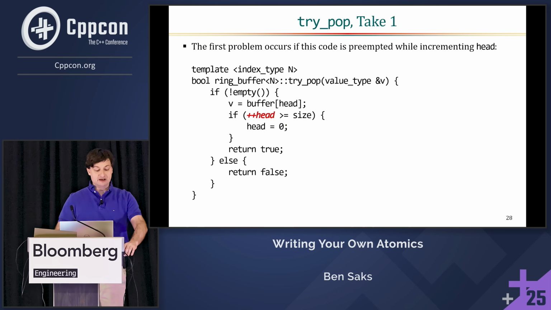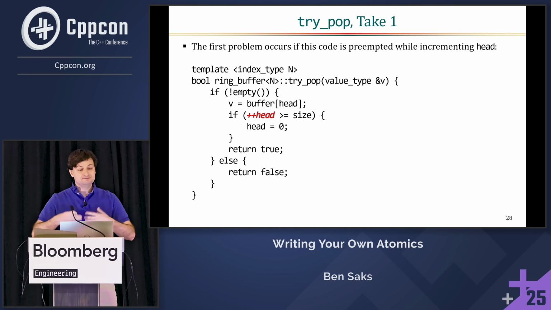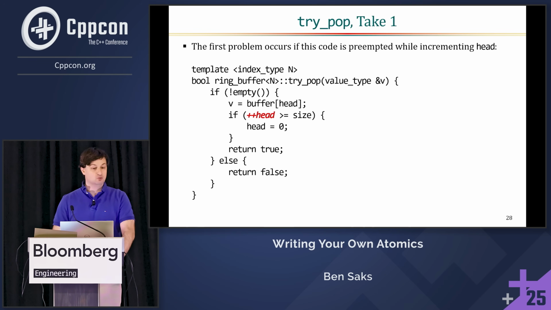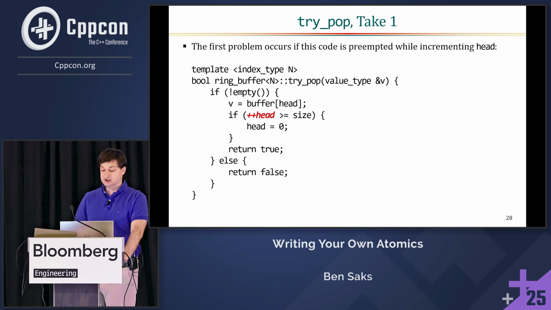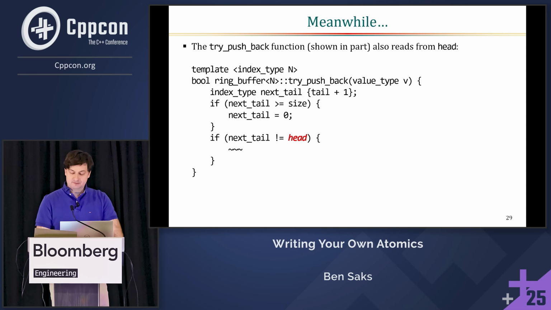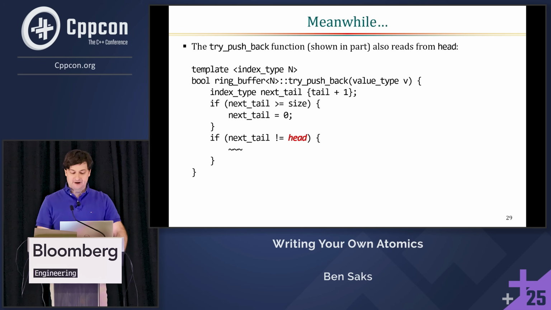The first of which being that if I'm using an index that is of a type that takes more than one processor cycle to write, then this increment, for example, could be preempted in the middle. And that's a problem because over here in try pushback, this function also reads the head index in order to figure out whether or not the queue is full.